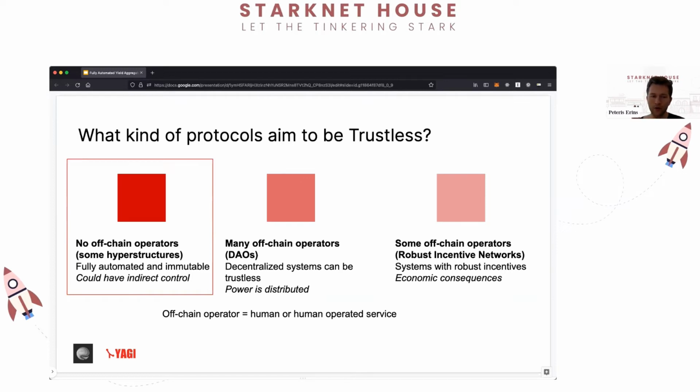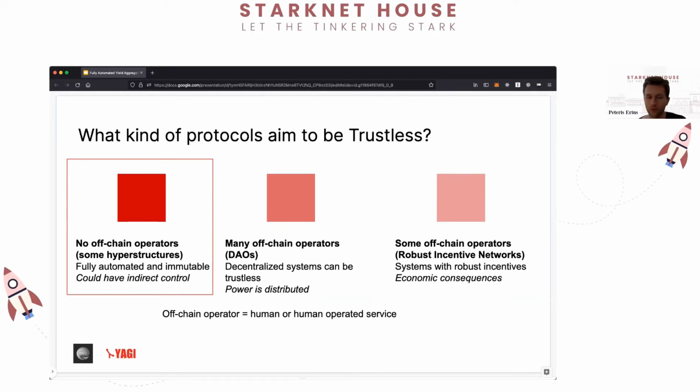So there's something that I try and call a robust incentive network. I don't know a more formal name for it, but this would be a situation where we have some off-chain operators, but the network incentives are set up in a way that the damage that they can do to the protocol is very limited, right? So one example of this could be that there is an economic consequence to some off-chain operator producing the wrong action, right?